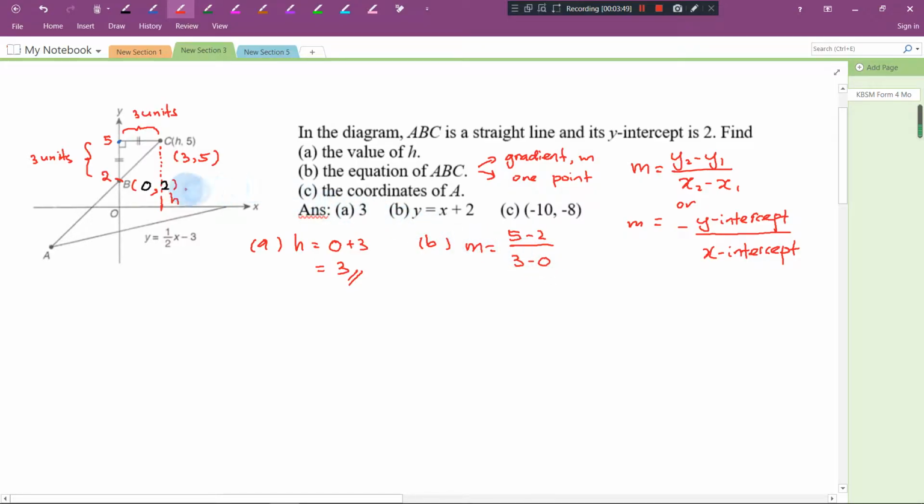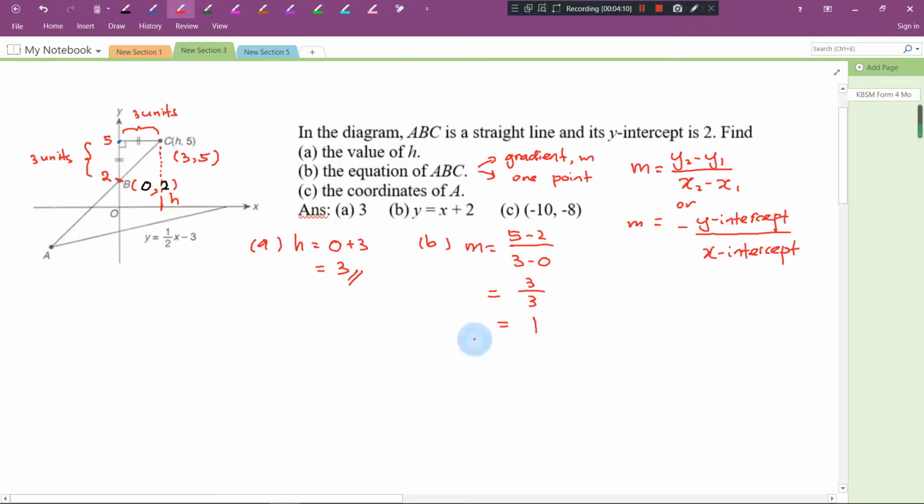If just now you did 2 minus 5, then for the x part you have to use 0 minus 3. Both will give you the same answer. 5 minus 2 is equal to 3. 3 minus 0 is equal to 3. 3 divided by 3 will give you 1.